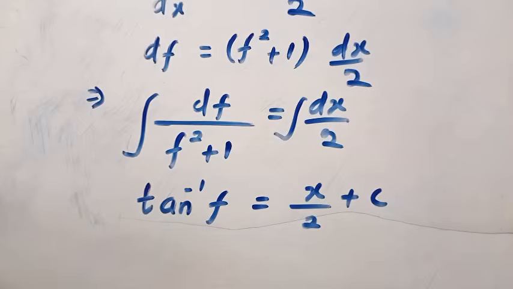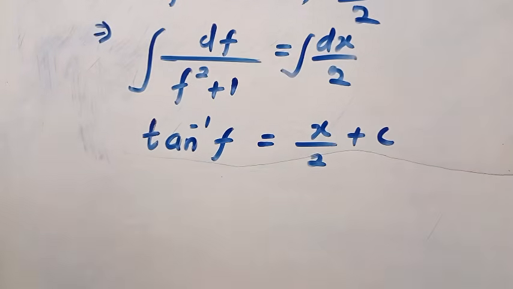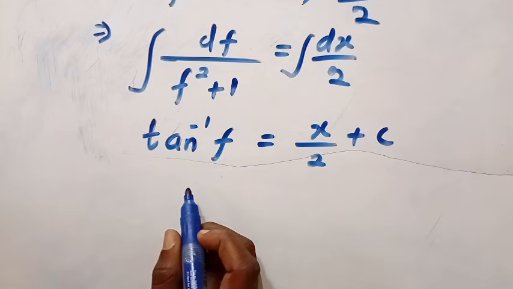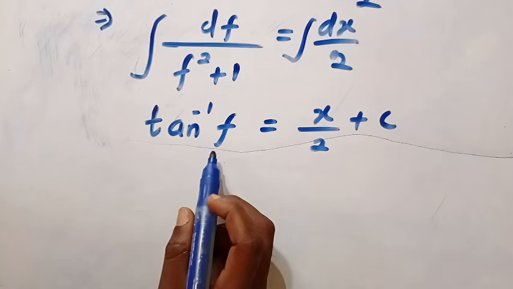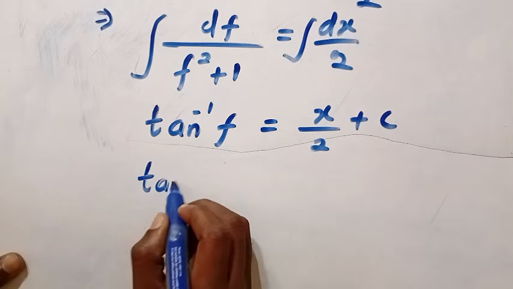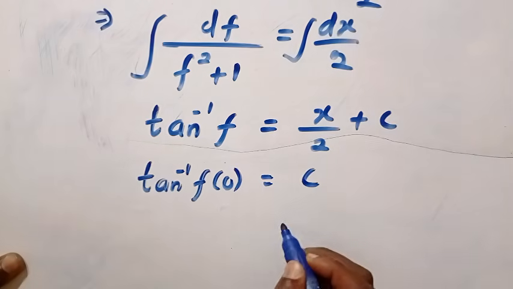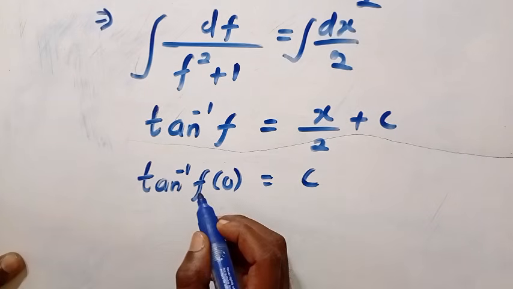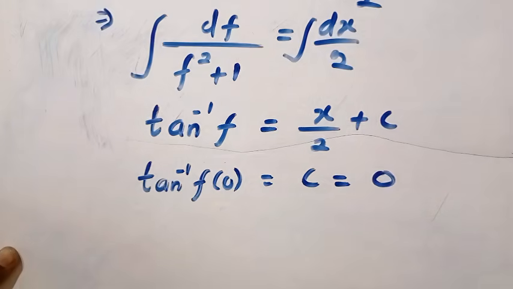Then introducing the boundary condition, don't forget this is f of x. The boundary condition is f of 0 equals 0. We cannot use f prime here because what we have here is just f of x. So everything here becomes the tan inverse of f of 0, and this becomes c. This is 0 because tan inverse of 0 is 0, so c equals 0.